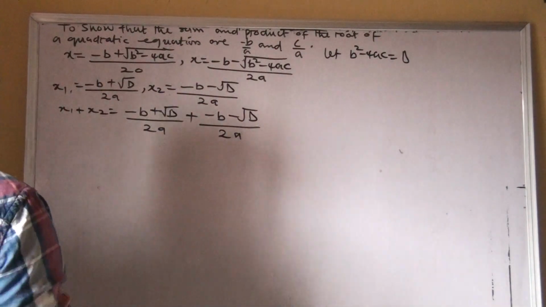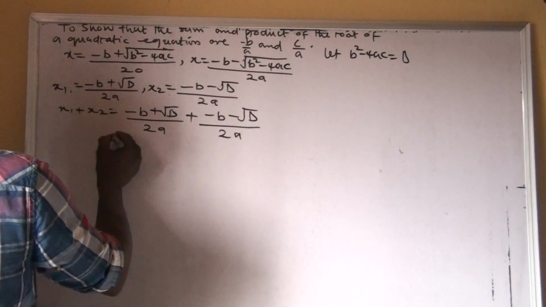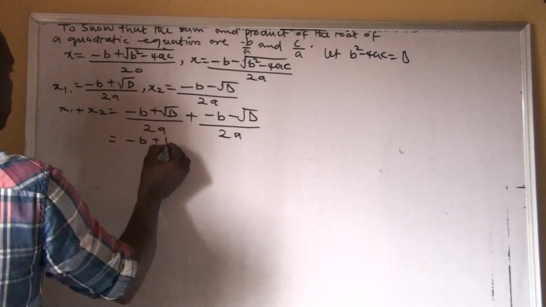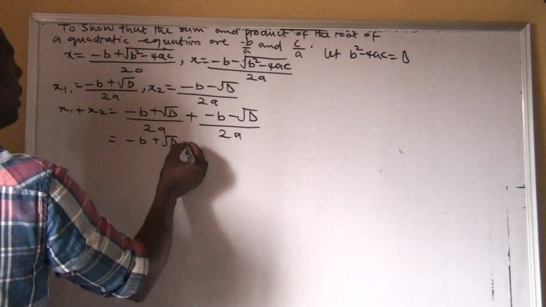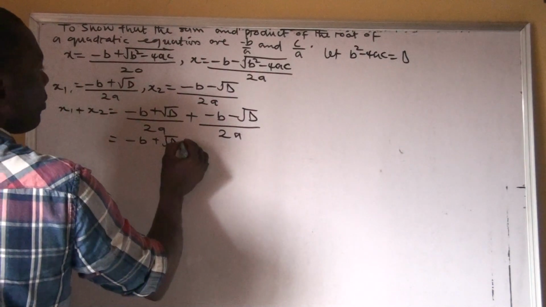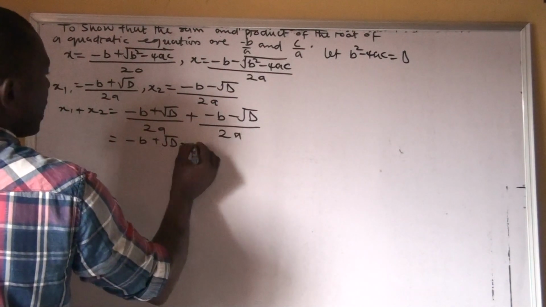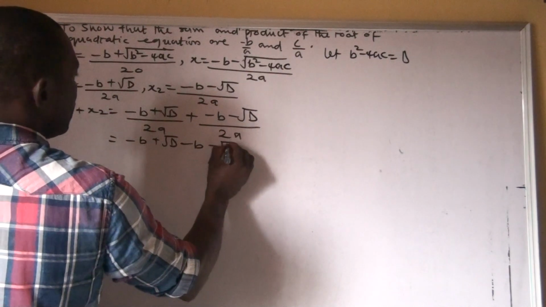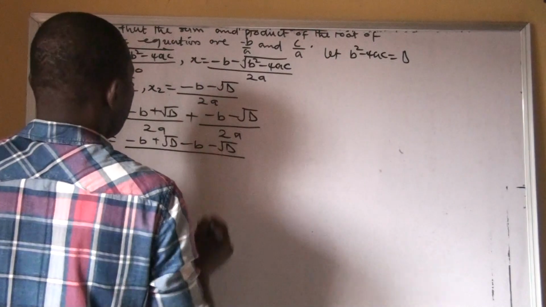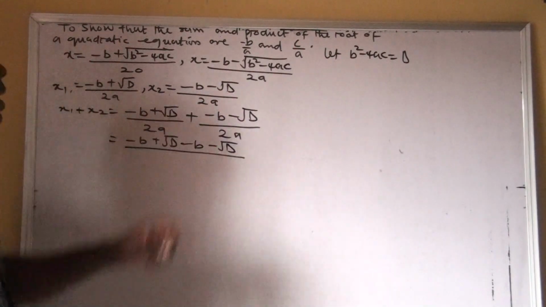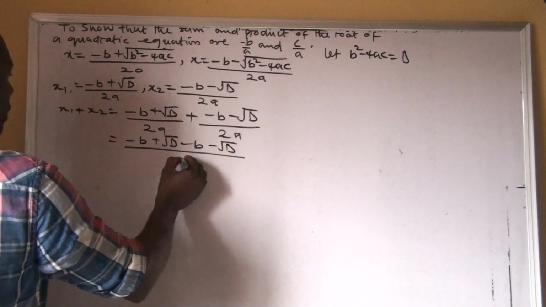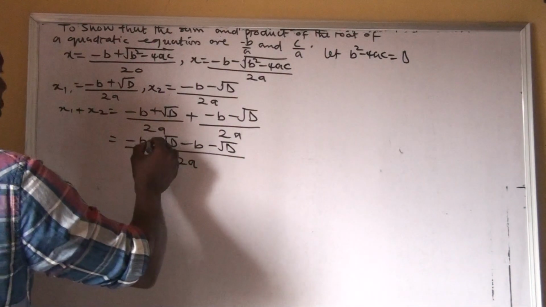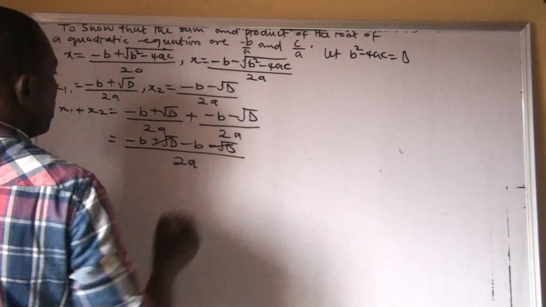Okay, here if we do that, we see that this is minus b plus the square root of d, and this and this will give us minus b minus the square root of d. Here the common LCM is 2a, so we just write 2a. We will see that plus d and minus d will cancel off.